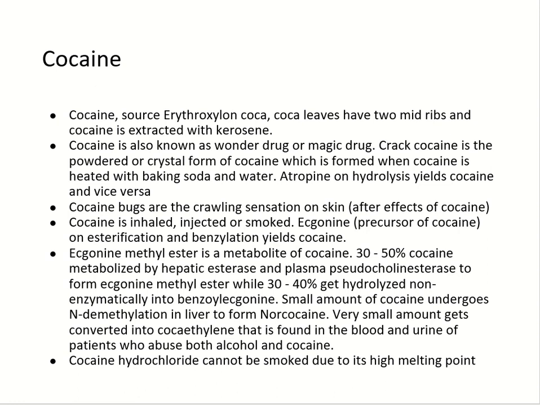The metabolism of cocaine: 30 to 50% of cocaine is metabolized by hepatic esterase and plasma pseudocholinesterase to form ecgonine methyl ester, while 30 to 40% gets hydrolyzed non-enzymatically into benzoylecgonine. A small amount of cocaine undergoes N-demethylation in the liver to form norcocaine, and a very small amount gets converted into cocaethylene, which is found in the blood and urine of patients who abuse both alcohol and cocaine.